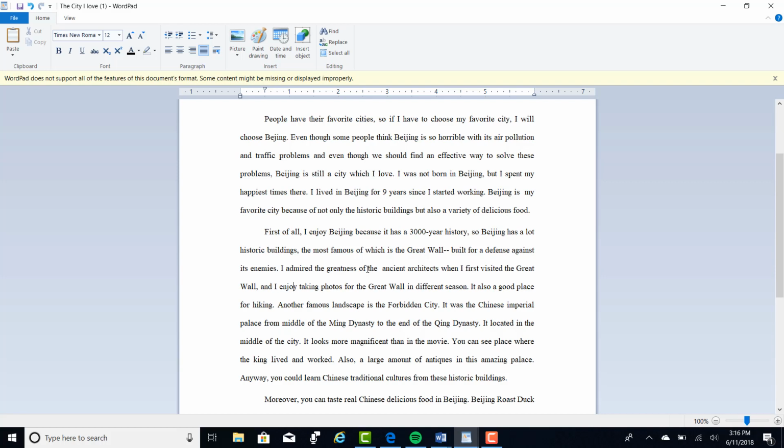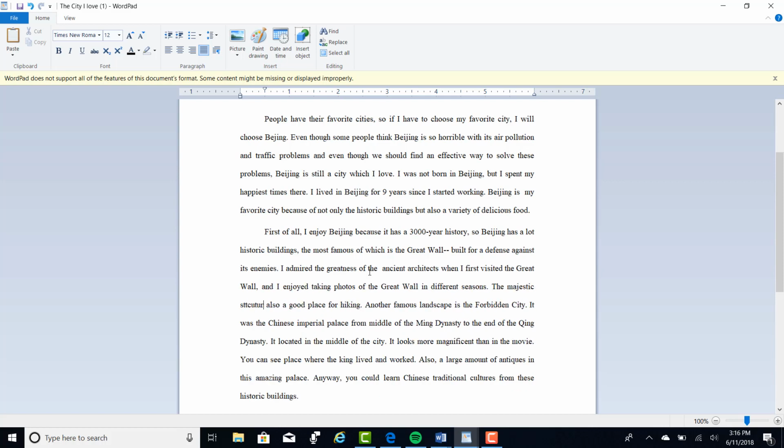And I enjoyed, remember, you're talking about the past, because you got admired, we have visited, we have enjoyed. I enjoyed taking photos of the Great Wall in different seasons. Instead of it, I'm going to say the majestic structure is also a good place for hiking.